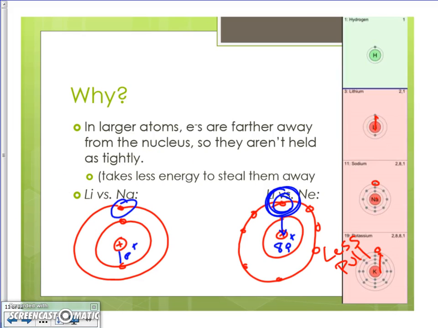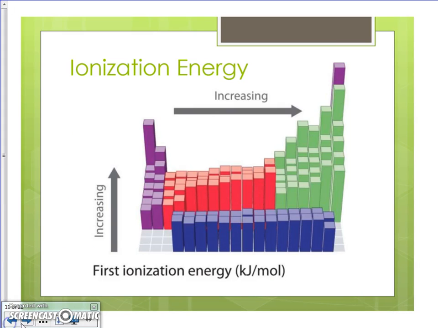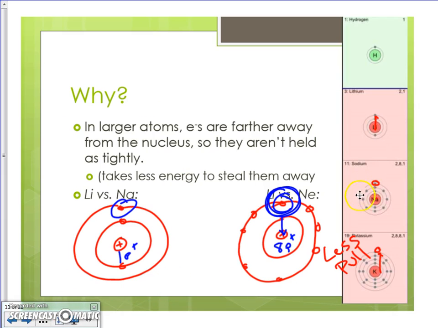So overall trend, as we go across, it increases, like we saw from lithium to neon, and it also increases as you go up, like we saw with sodium to lithium.